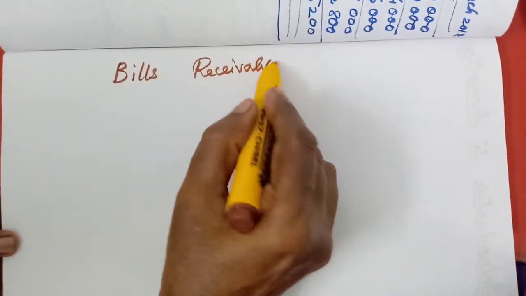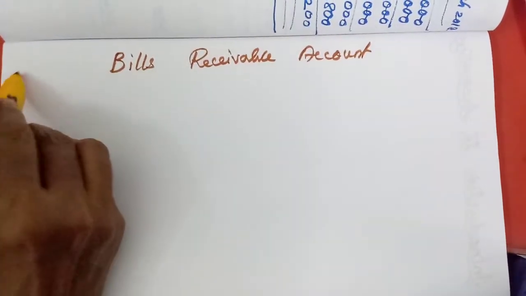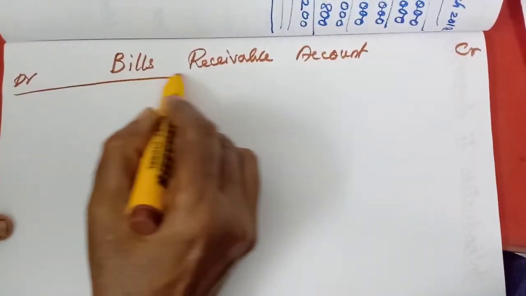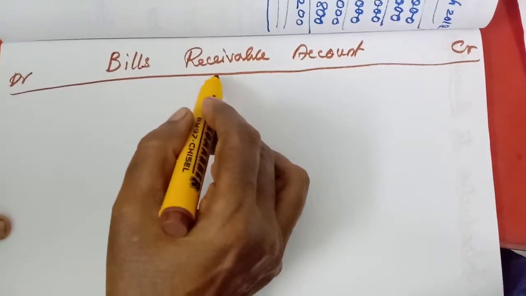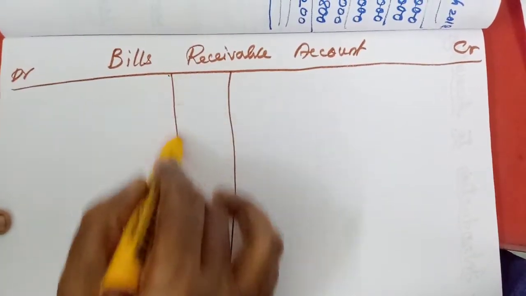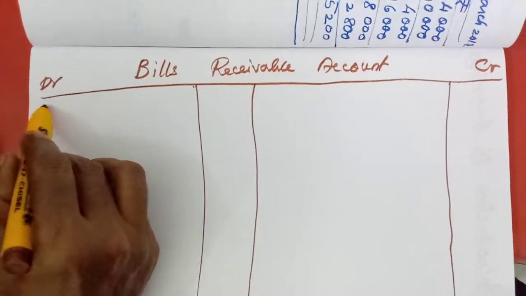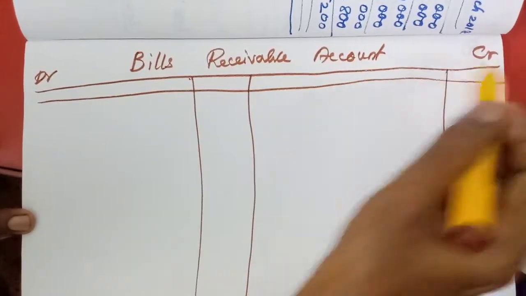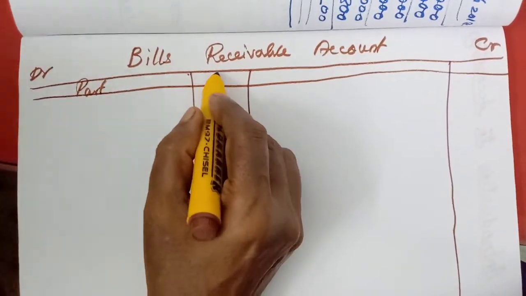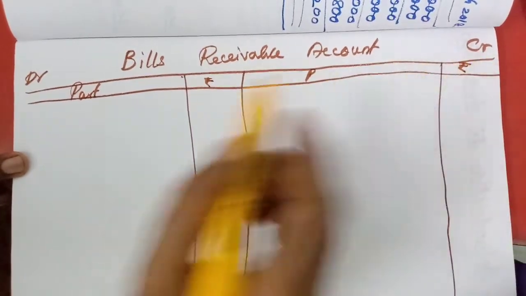Bills receivable account you have to write. Debtor, creditor, draw a line. You can use 2 pages; here I am using only 1 page. Write everything: rupees symbol, particulars, rupees symbol.